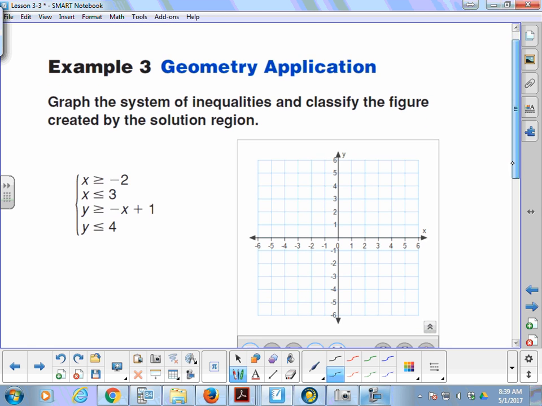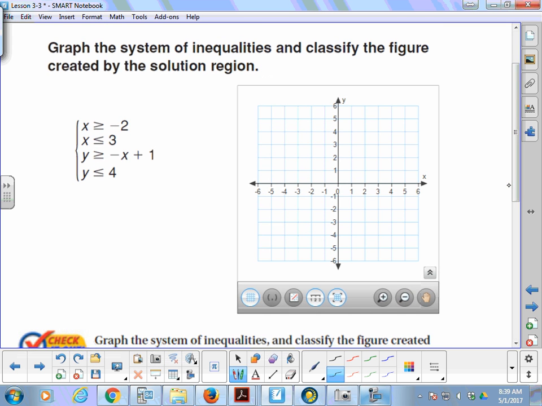All right, last one. Here we have a system of more than 2, and we're going to classify it by the region it creates. We have 4 different lines to draw, so we're probably going to have a 4-sided figure.